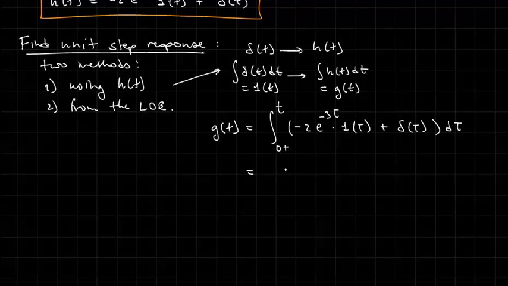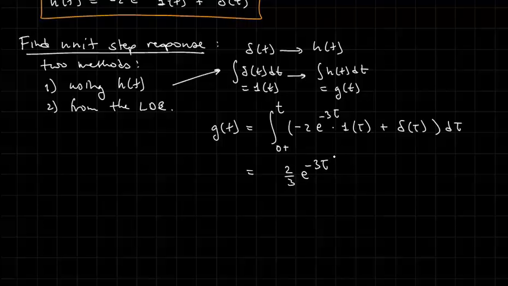So what do we have? We'll have 2/3 e to the minus 3 tau. Now, this unit step right here is not needed, because the limits of integration are from 0 to t. We're not going negative.